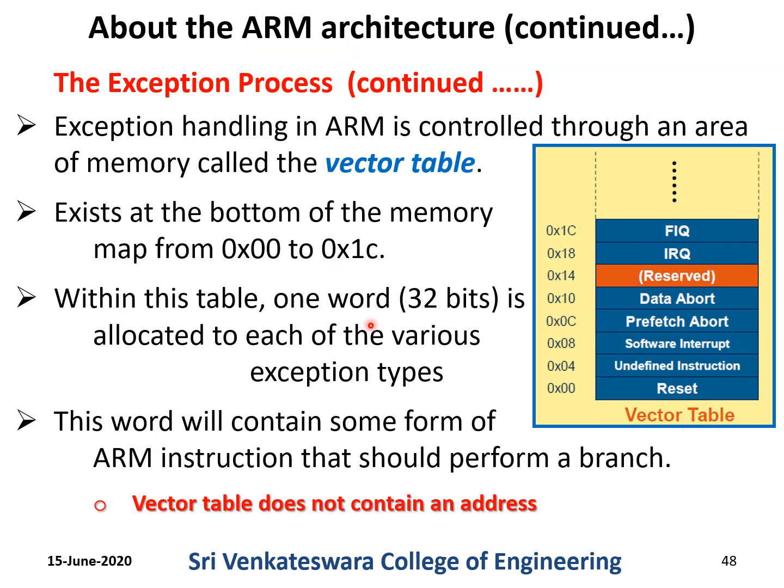So thus we saw how exceptions are handled in ARM by using a set of memory locations called the vector table. This vector table contains 32-bit patterns or words which are loaded into the program counter, and in that way the exceptions are handled.